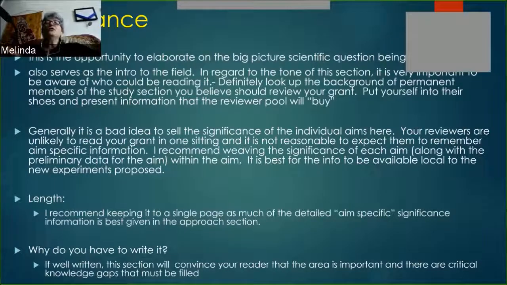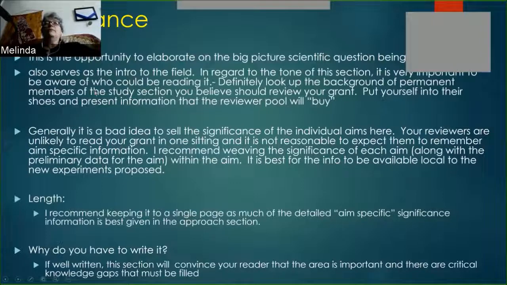Reviewers may not read your grant all in one sitting, and they may not remember what you provided in the significance when they're trying to understand the approach, let's say, of your third specific aim.